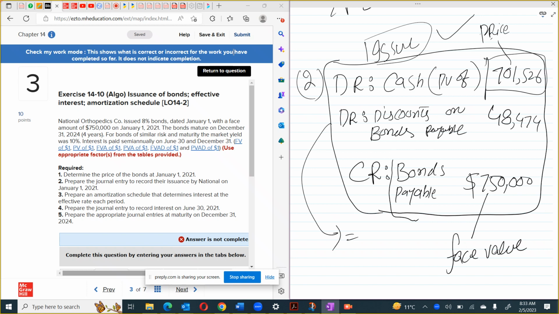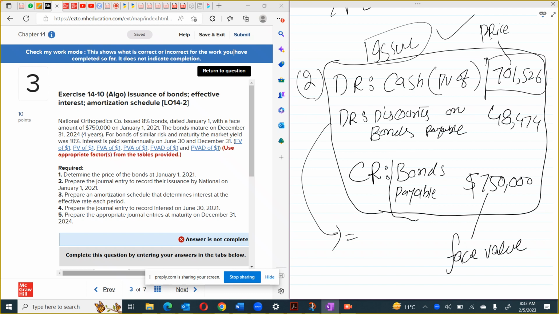You will take the difference between present value and future face value. We have made an entry that debit is cash, credit is face value, which is bonds payable, and the difference between these two is discount. The discount is debited at start.